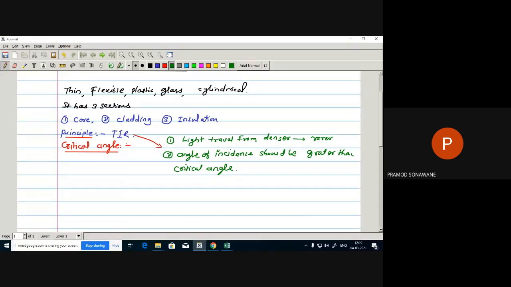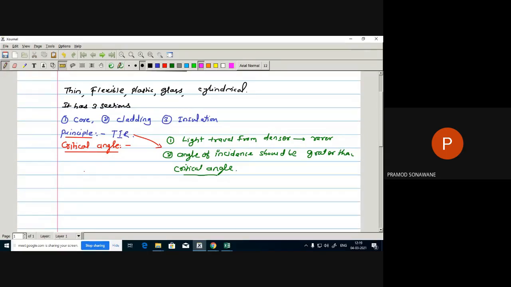Now this is total internal reflection. So again, you need to know about the critical angle, because a few of you may have been absent on the day TIR was taught. So you should know what is TIR, what is critical angle. So I'll try to draw.